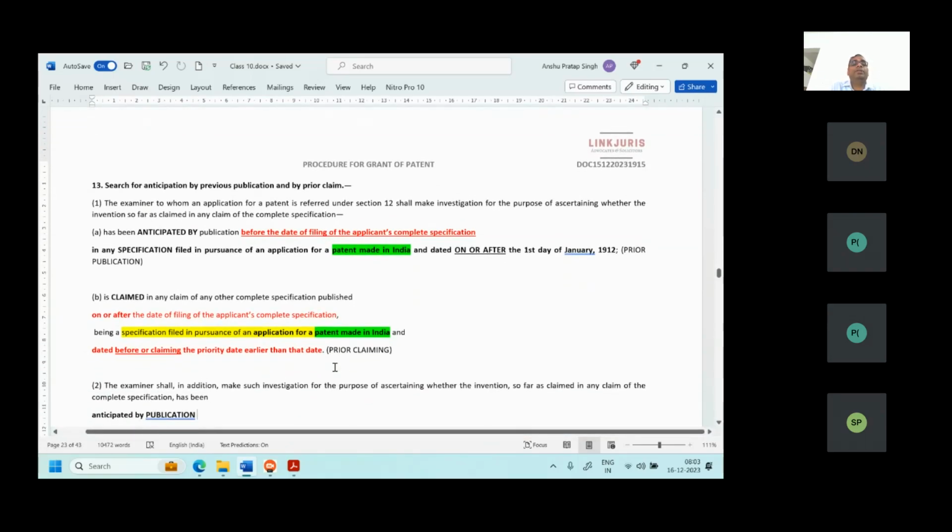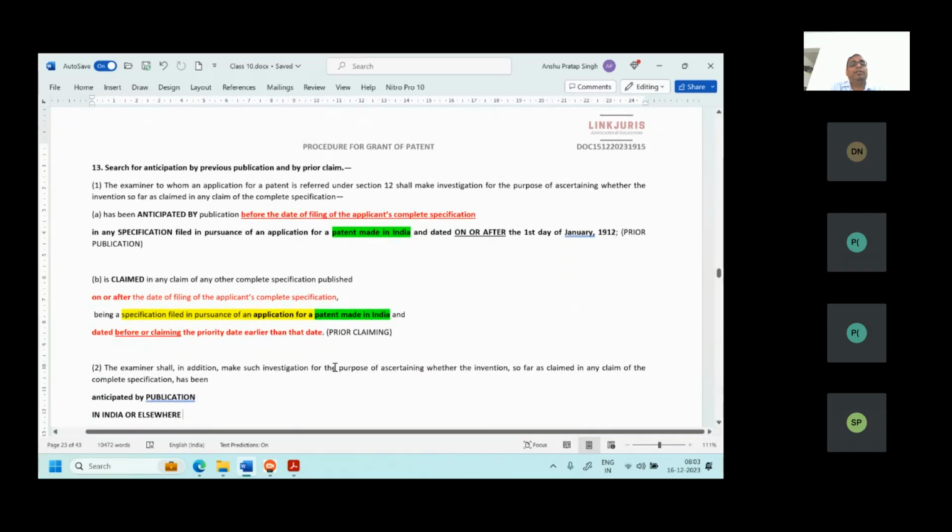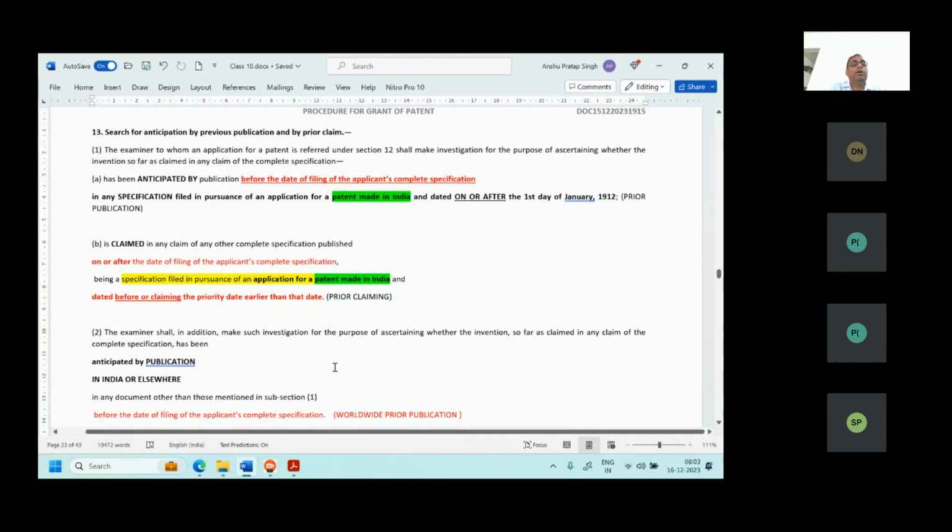So there is a prior publication, then there is a prior claiming, and then there is an entire publication. The 13.1 deals with the patent literature in India. Please remember, 13.1 deals with the patent literature in India, while 13.2 deals with any kind of literature, patent or non-patent literature, in India or elsewhere.